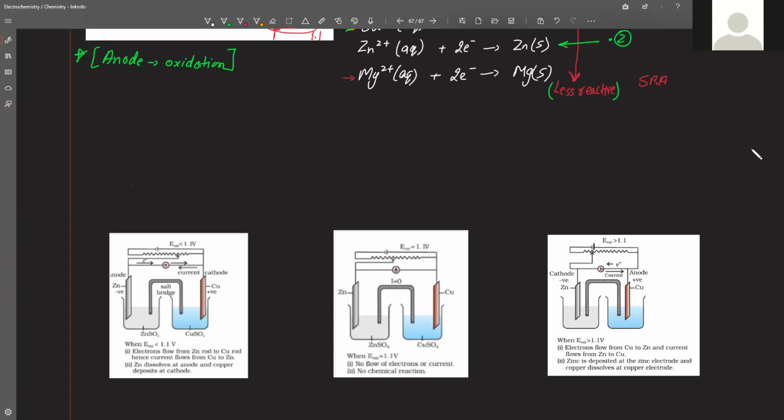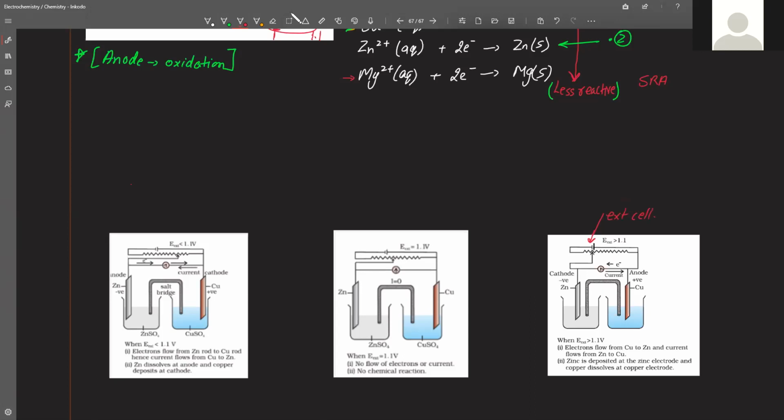We have connected an external cell here, right? This diagram is not clear. Let me use this third one. There it is clear. So the cell which you see here is an external cell.